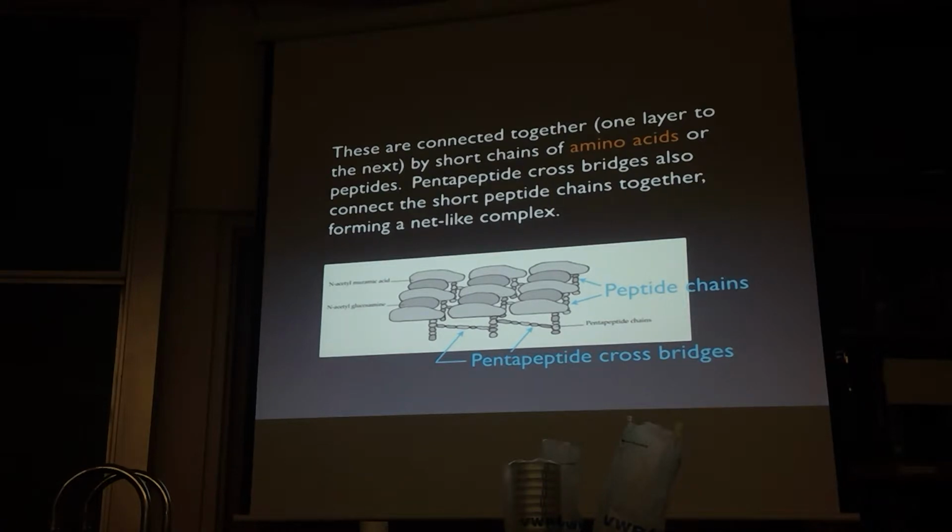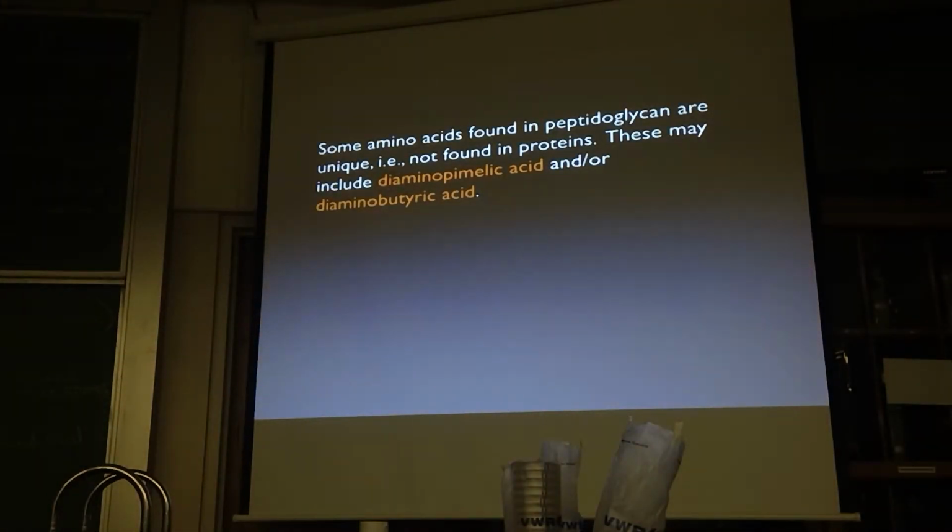What's interesting about the amino acids that are associated with these peptide chains is that some of them are never found in protein. I don't know how many of you have had organic chemistry where maybe you had to learn all the different amino acids that are in proteins, but I've mentioned to you there are about 20 types. So you have leucine and isoleucine and alanine and phenylalanine and threonine and so forth.